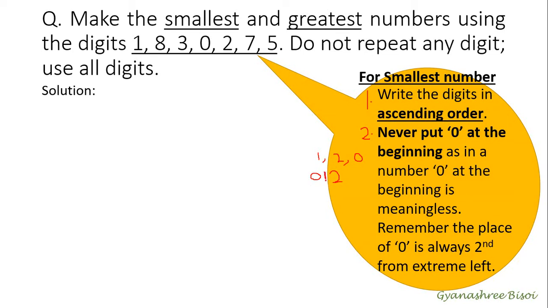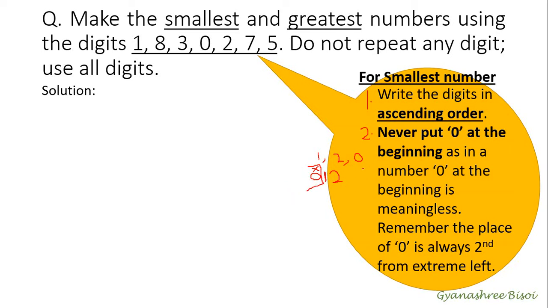That means we are not considering 0 at all in this number. So we can never write 0 at the beginning of any number.